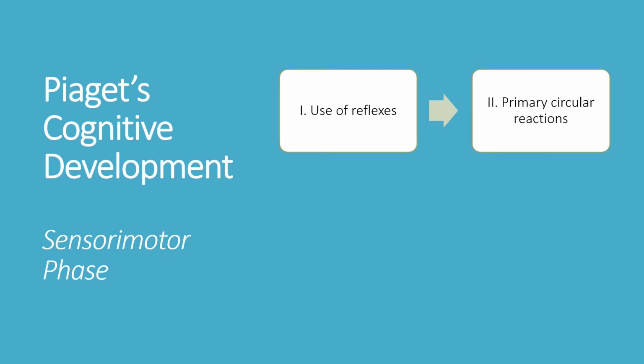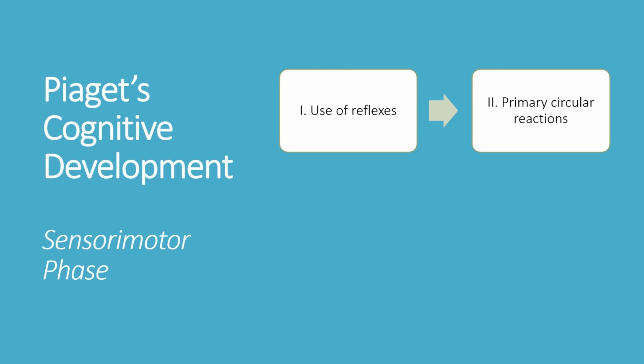The second stage is the primary circular reactions, and this marks the beginning of the replacement of reflexive behaviors with voluntary acts. So like we've mentioned before, the suck reflex stops being reflexive at 4 months old.